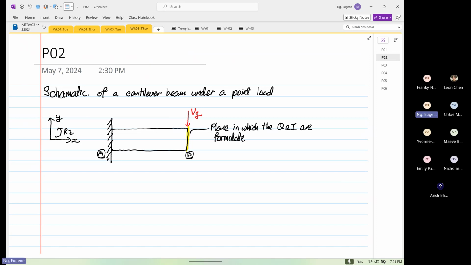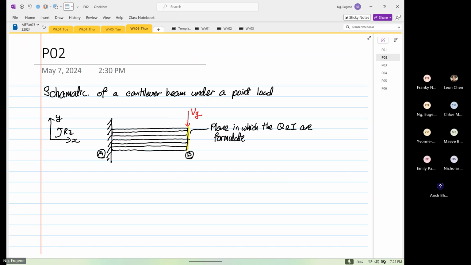Then we're going to assume that the structure has layers. A schematic means I'm going to use this form to explain a theory so you can understand better. So imagine the structure is made of layers.